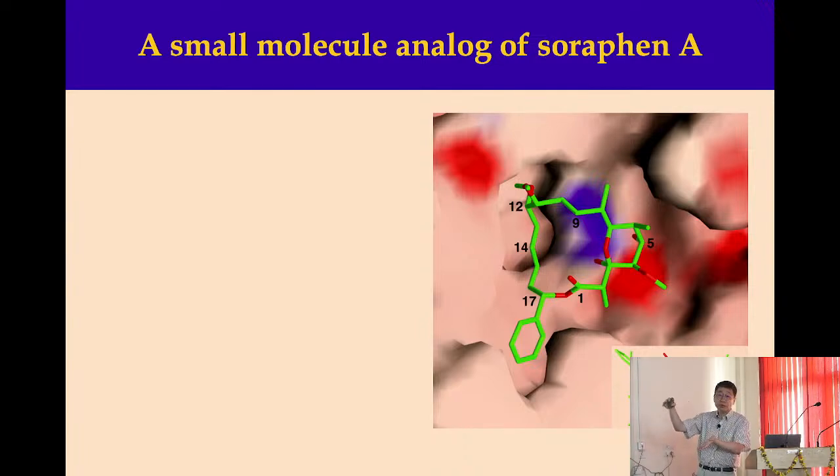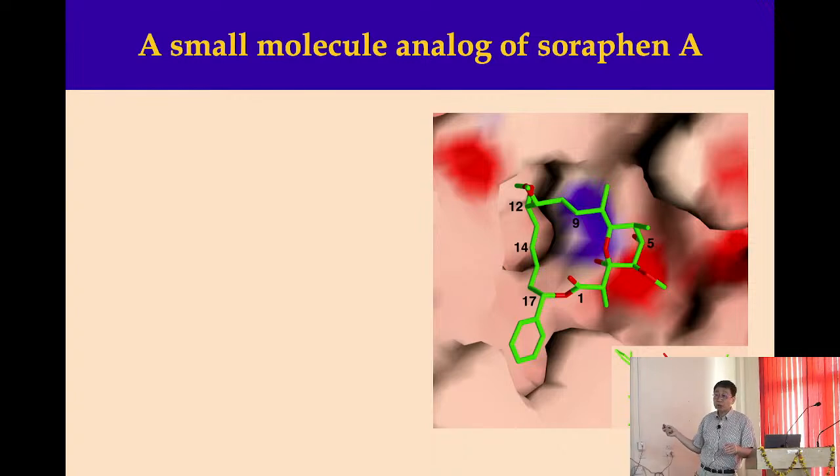You acquire a few of those and then see whether they are active or not. By doing this, they found a lead compound that has micromolar affinity or activity against BC activity or ACC activity. So far this is all computational and biochemical assays.